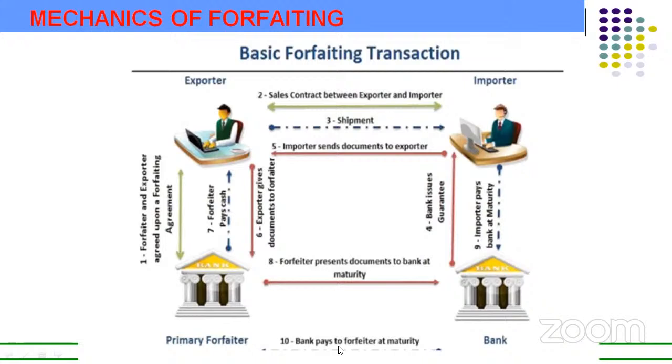Generally, the debt instruments are drawn by the exporter, accepted by the importer, and bear an unconditional guarantee. The guarantee will normally be issued by the importer's bank, but some strong corporates can be accepted without a bank guarantee also.